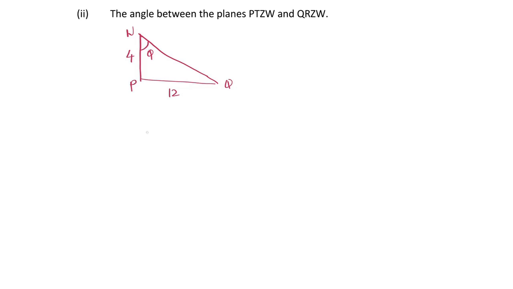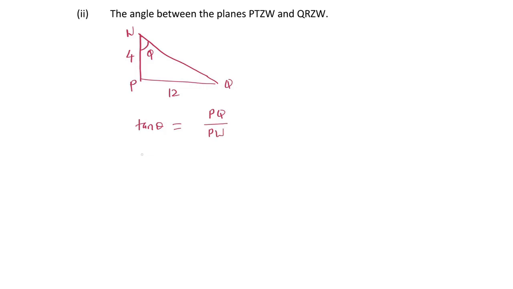Okay, so let us now apply the tangent formula for triangle PQW. The formula says tan theta equals the opposite side, in our case PQ, over the adjacent side, in our case PW. Let us apply the numbers.